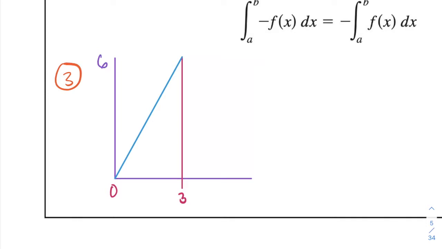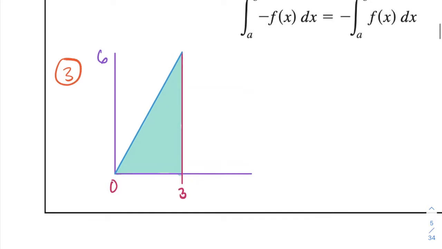So this area shaded here, from 0 to 3, and then between the x-axis and 2x, that area is a triangle.